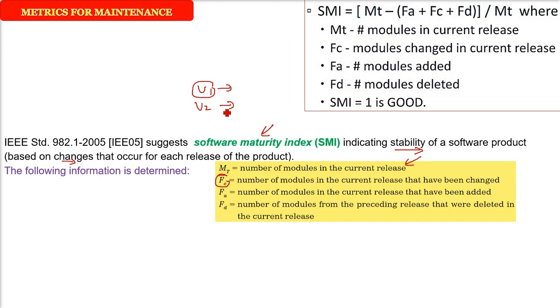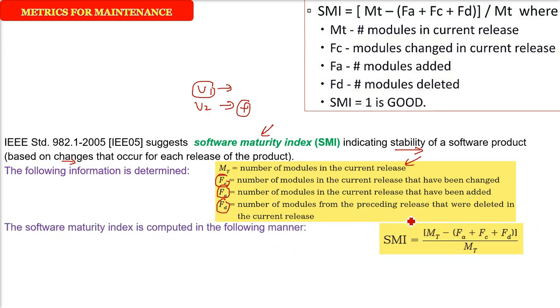FA is the number of modules in the current release that have been newly added. FD is the number of modules from the preceding release that were deleted in the current release. So that is the number of modules being deleted. So the SMI is computed like this: MT minus FC plus FA plus FD, divided by MT.